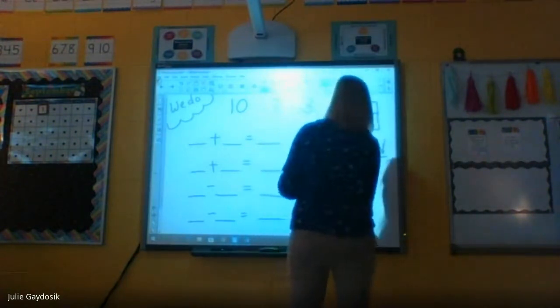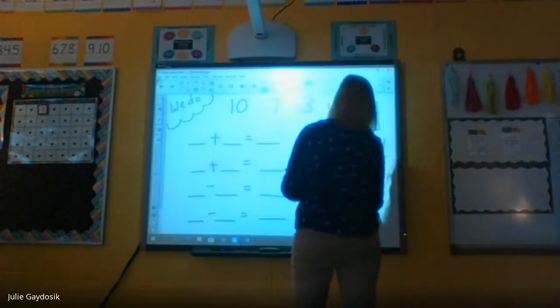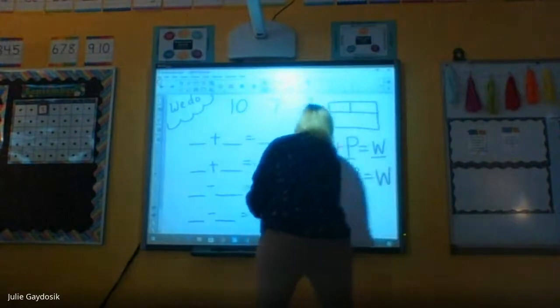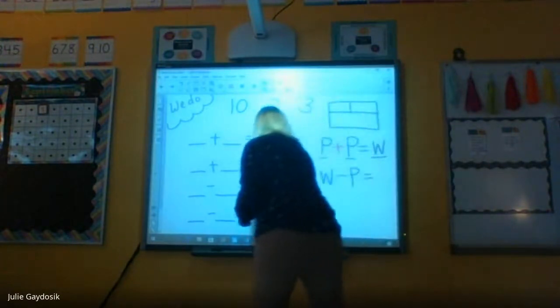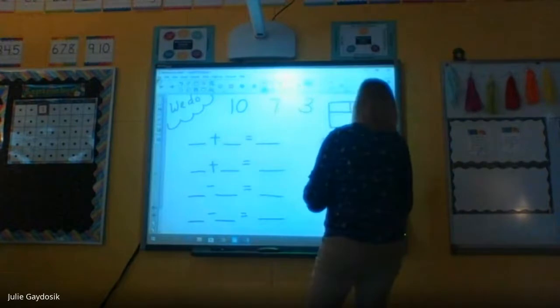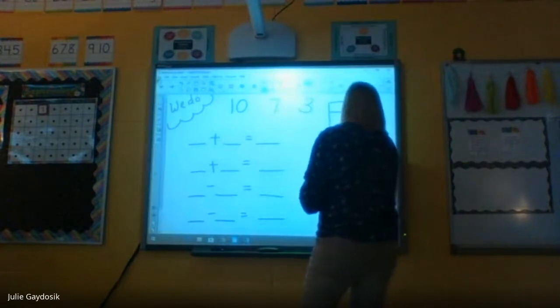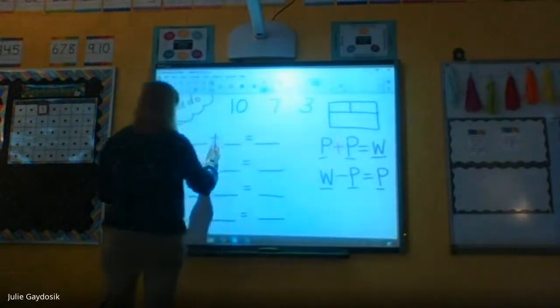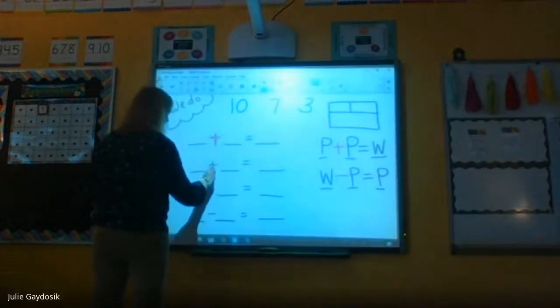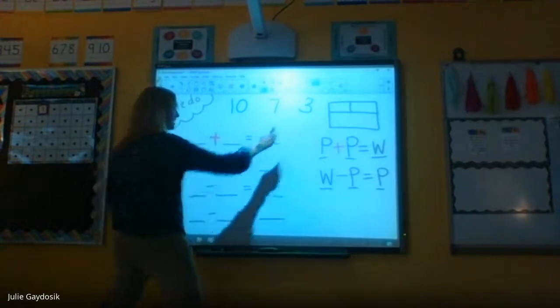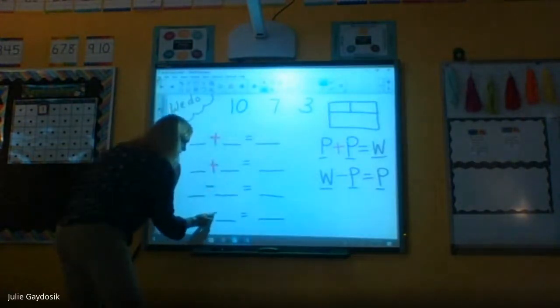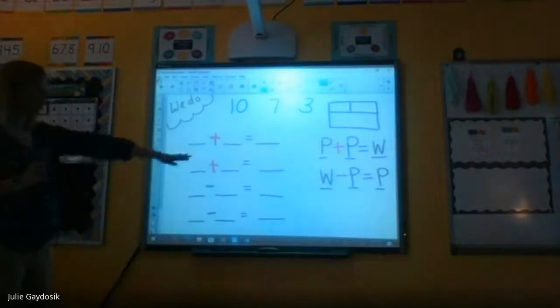Whole minus part equals, whoop, part, Mrs. Cooper. Whole minus part equals part. Okay? So I'm going to go through just to help you all out and color code these just so they're easier to see and they match your equations for what part plus part and then whole minus part.